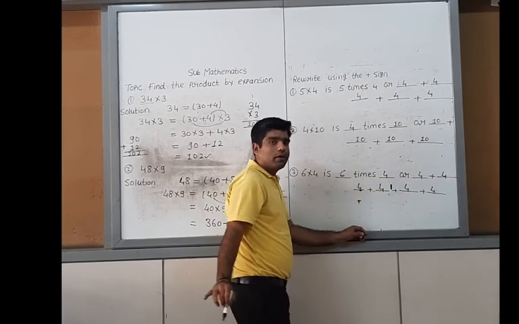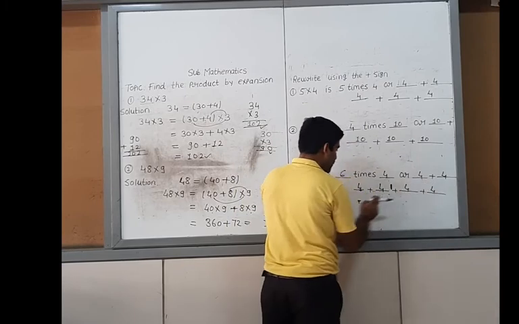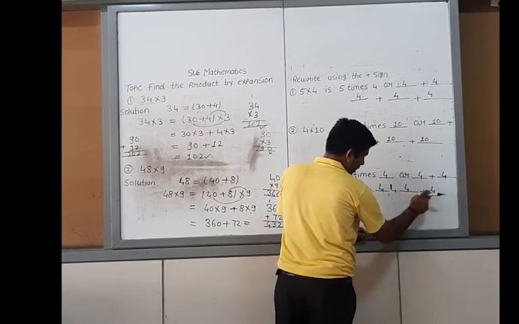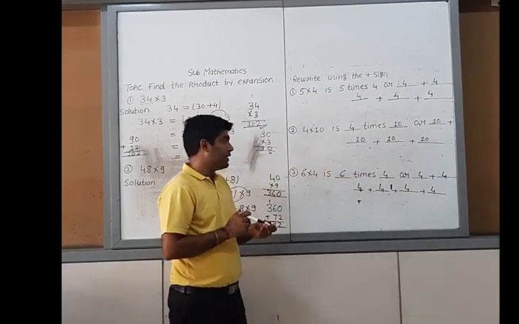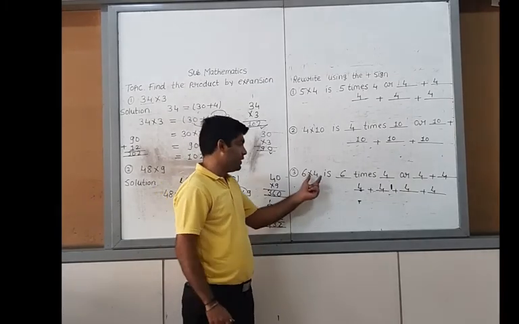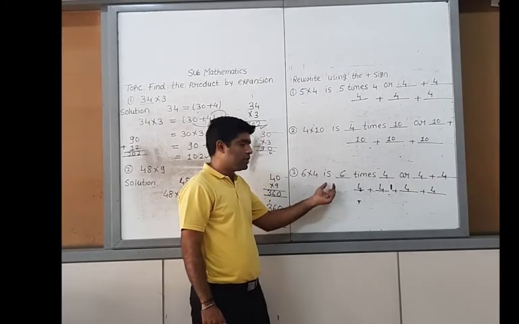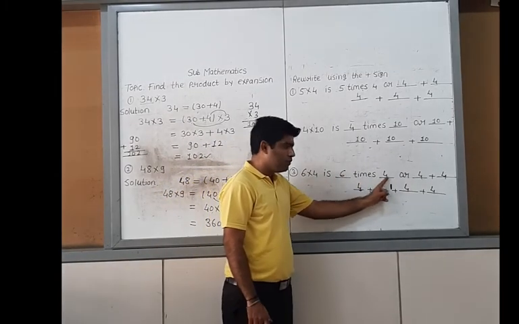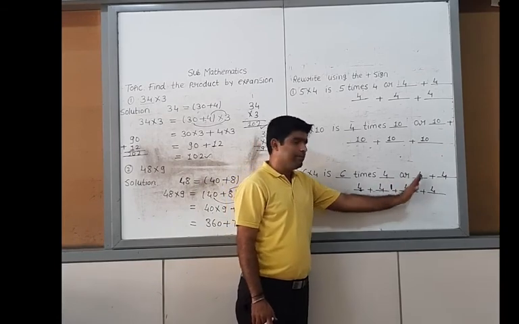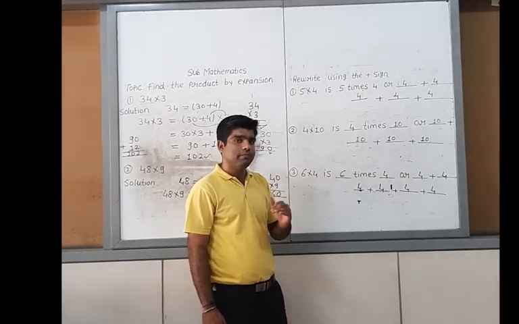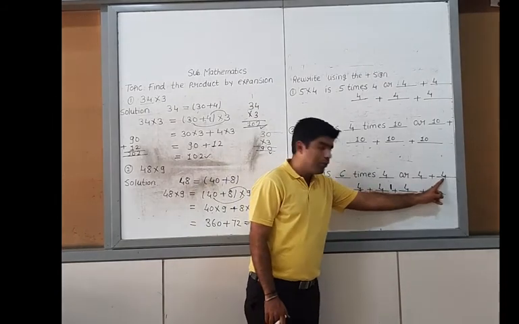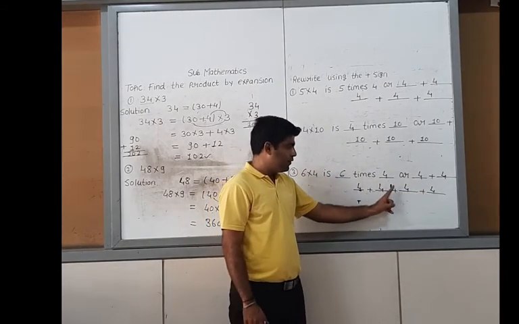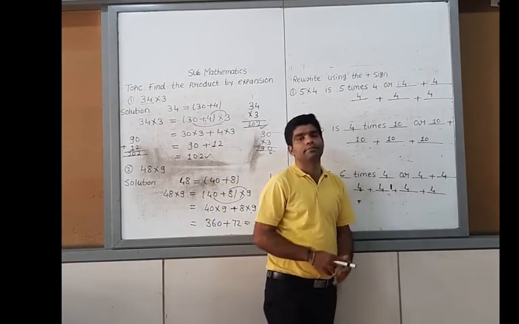Now count the total number of 4s: 1, 2, 3, 4, 5 and 6. So 6 multiplied by 4 means we have to write down the 6 times 4: 1, 2, 3, 4, 5 and 6.